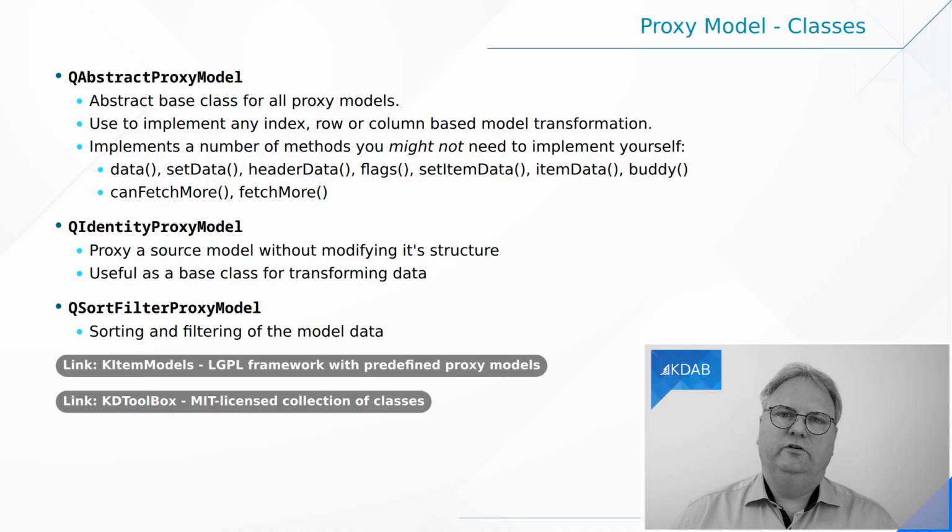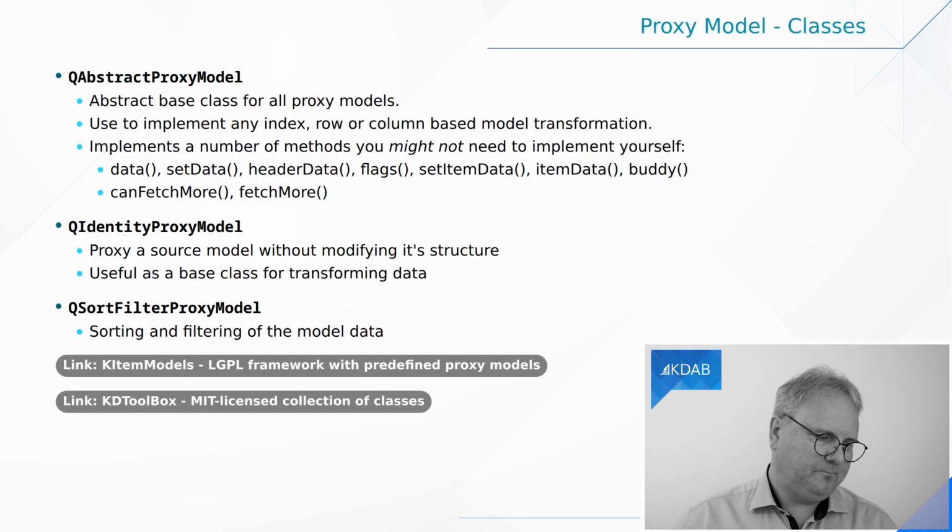In that situation, what you will be doing is subclassing from QAbstractProxyModel. Or you better stay tuned, because there is one alternative, which I would choose in many of those situations. But I'll talk to you about that a bit later.